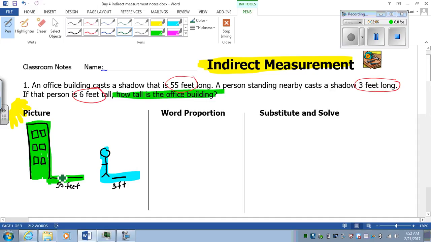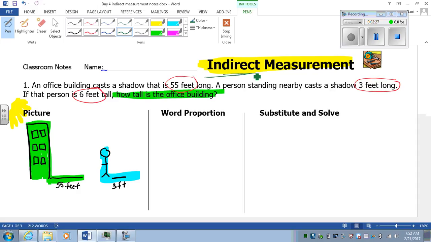So one way that we could estimate the height of the building is by looking at a proportion. When we talk about indirect measurement, we're talking about using a proportion to estimate the height of an office building. So let's look and see what a proportion would look like.